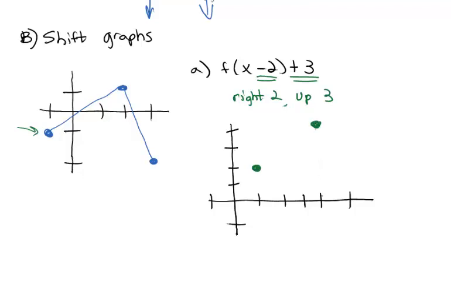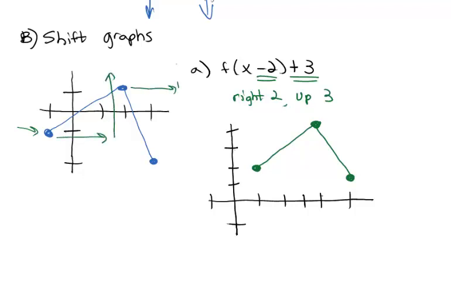And this is just counting over on the graph. Then we take the other point, which is at 3, -2, and move it right 2, up 3, and we get another point. And you see we get the same looking function, just shifted the entire thing right 2 units, and then up 3 units.